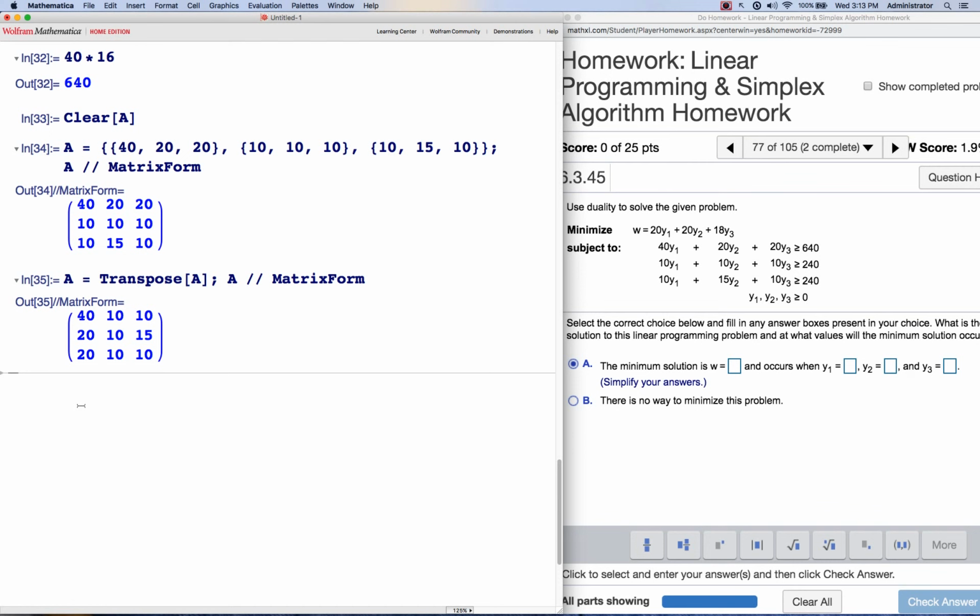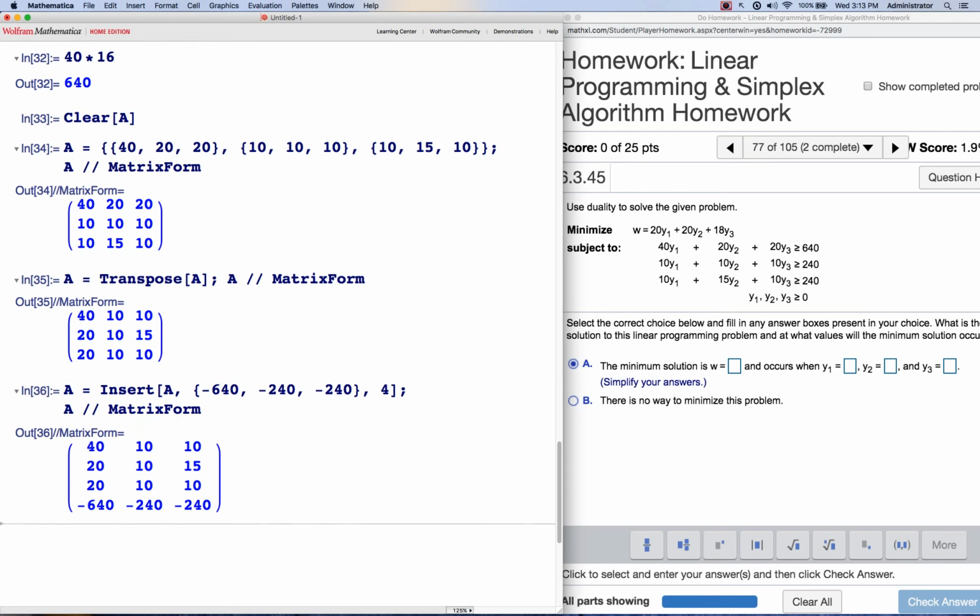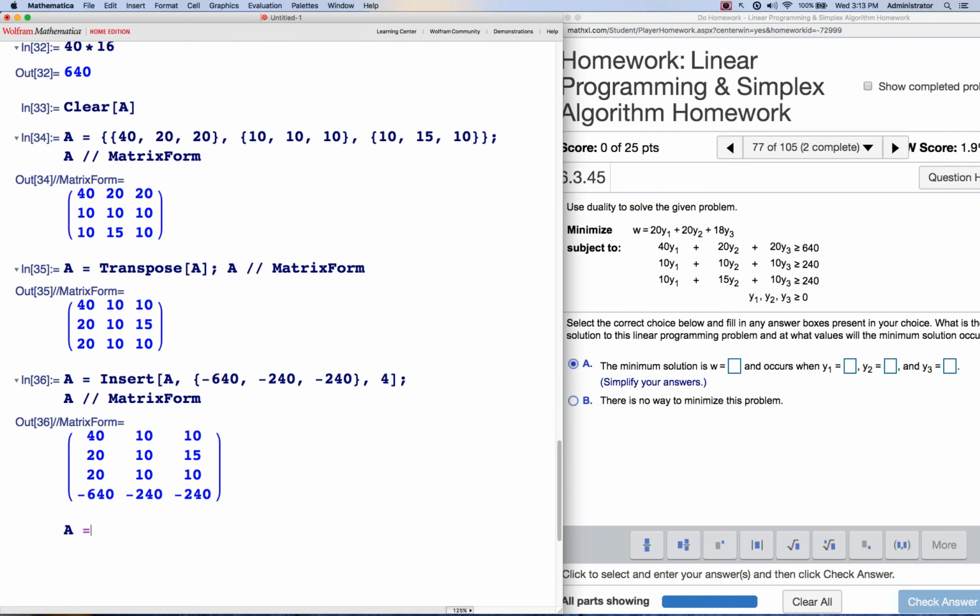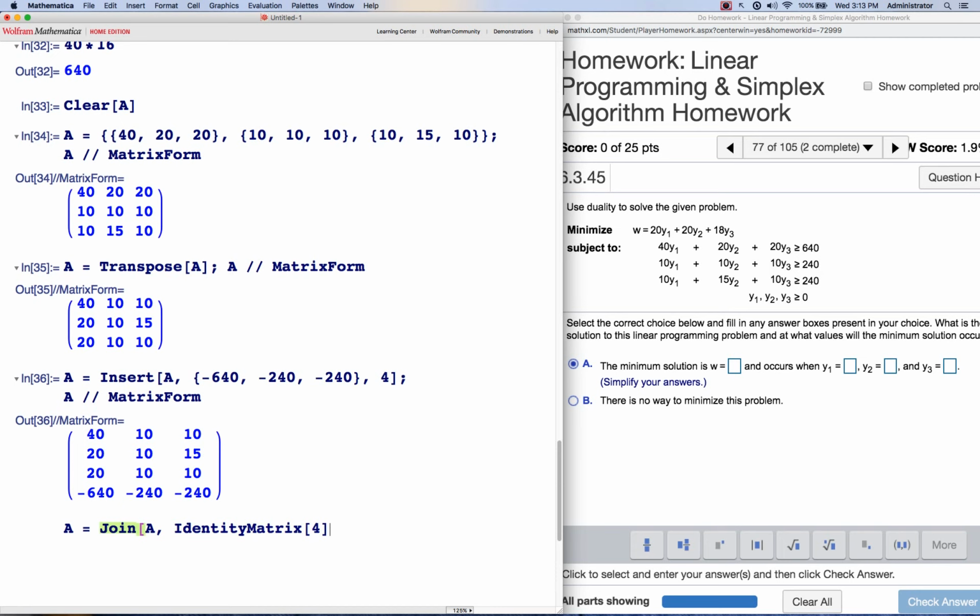Okay, so then everything else should be okay. So let me see here. A, insert A, and that's going to be negative 640, negative 240, negative 240, and that's going to be the fourth row of my matrix. Okay, and I'm going to join that with the 4x4 identity matrix.